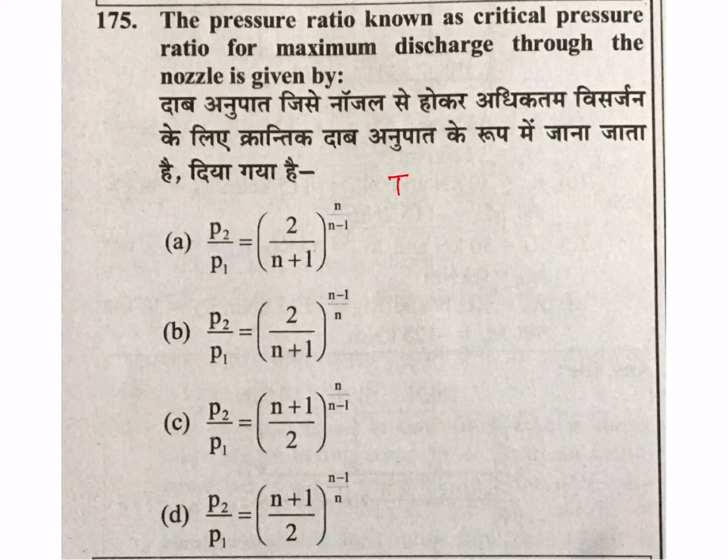So we will start from temperature. T star by T1 is 2 by n plus 1. If you go for pressure, T star by T1, this one is for temperature ratio. Then P star by P1, 2 by n plus 1, it will remain as it is like temperature.